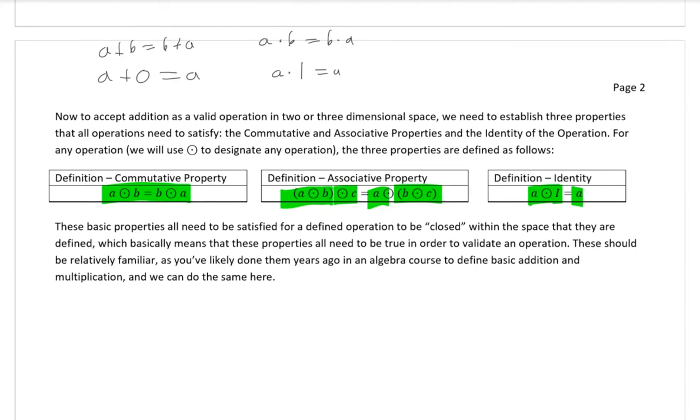Thankfully, doing so isn't really that bad, and the reason why it's not that bad is because the way that we actually operate is with the algebraic values on the inside. So verifying commutative and associative properties is relatively simple.